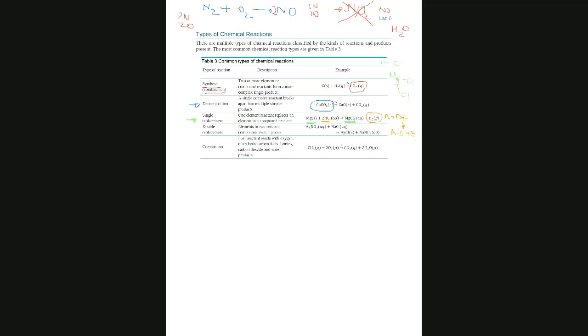And that's all you need to know. And how are you to recognize that? Well, we already mentioned that one substance or one element replaces another in a compound and creates a free element. So basically, hydrogen is the free element. If you see a free element that wasn't there before, that can be a single replacement.